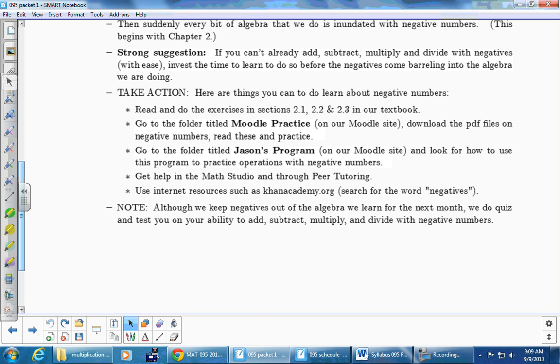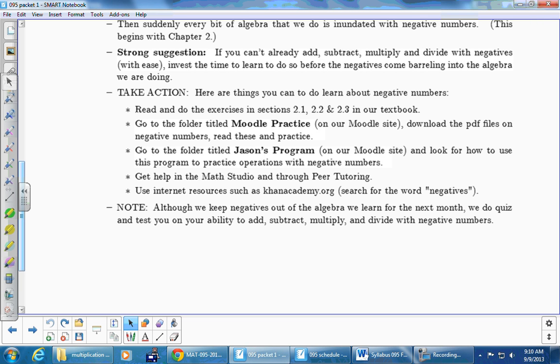Go to the folder titled Jason's Program on our Moodle site, and look for how to use this program to practice operations. Get help in the Math Studio. Use internet resources such as Khan Academy. That's it. Search for the word negative.